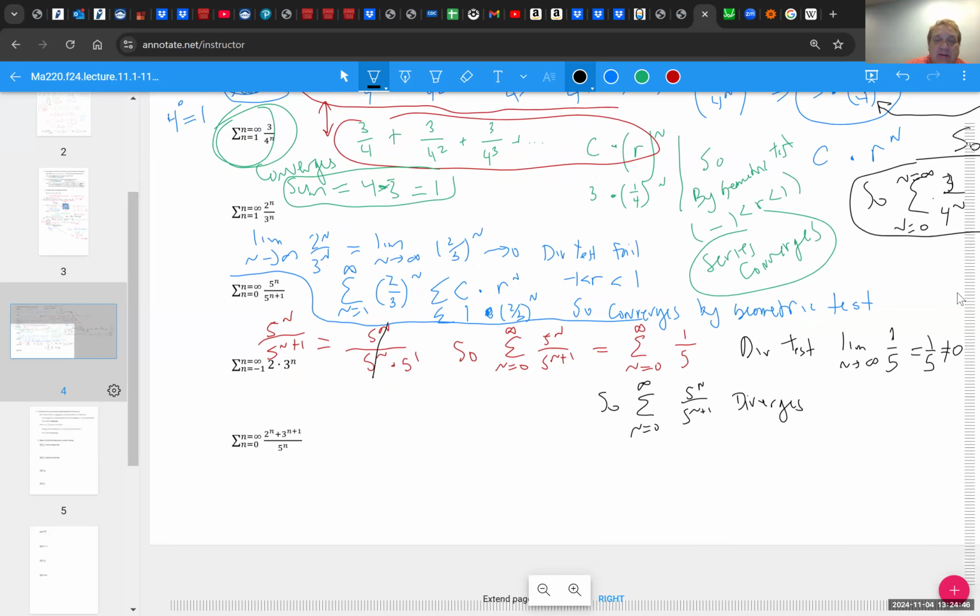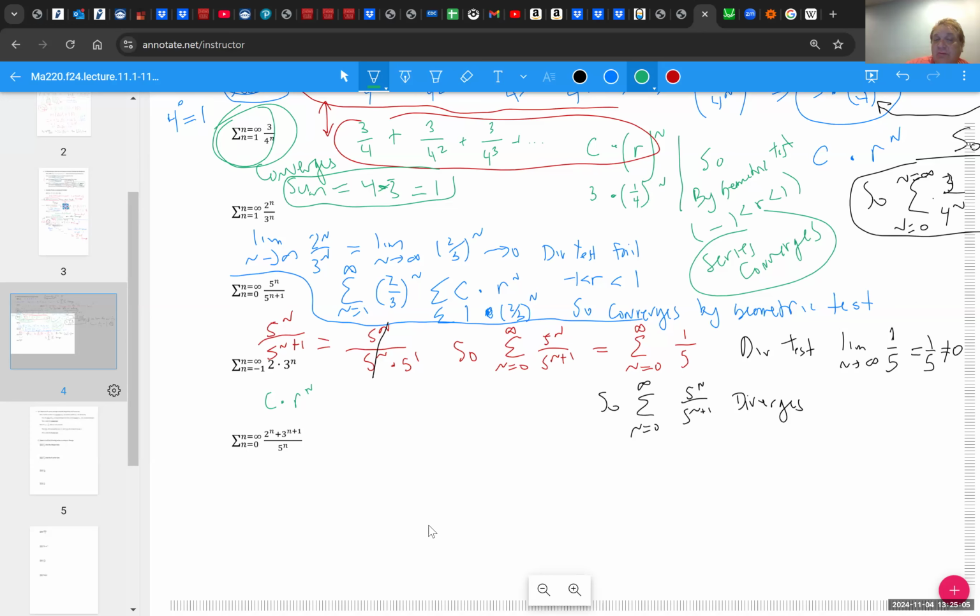Okay. Next up, we have 2 times 3 to the n. 2 times 3 to the n is another c times r to the n, where the c is 2 and the r, the base number, is 3.